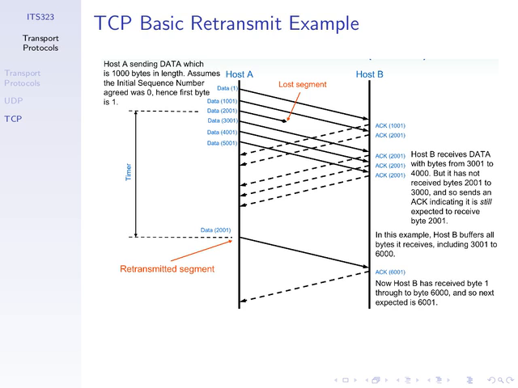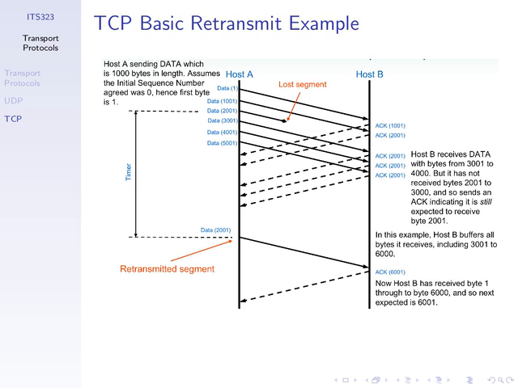Then it receives an ACK saying I'm expecting to receive 2001, so still bytes 1 up to 2000 have been acknowledged, nothing further, and receives those same ACK numbers. So from A's perspective, bytes 1 to 2000 have been successful.